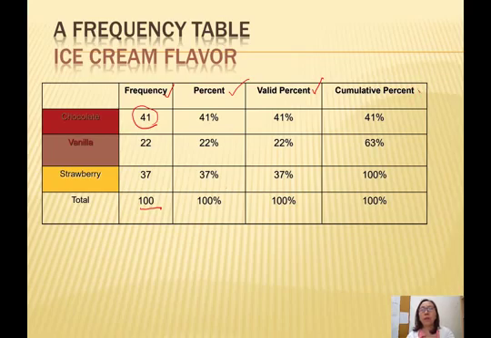And then you have the cumulative percent here, and you'll see the pattern of the percents being added up from one line to the next. You see 41% here, and that's chocolate, 41%. And then 22% for the vanilla flavor accumulated would be chocolate plus vanilla, which would make it 63%, and then adding 37% more to it, which makes it 100.